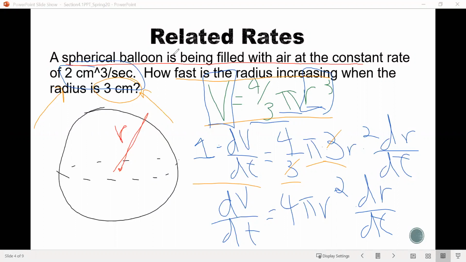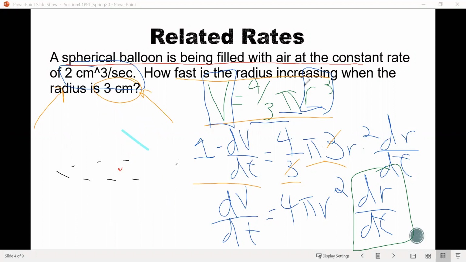All right, and again, we're trying to find dr dt, which means we probably want to isolate it. But before we do that, let's see if we can fill in some of the values that we have in this problem. So let's start with the dv dt here. Is there something we can plug in for that somewhere?